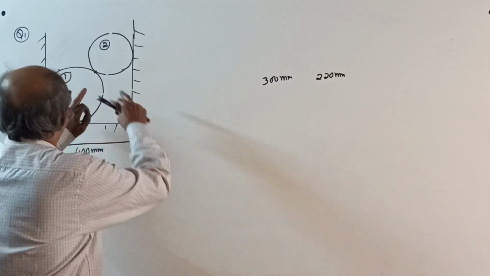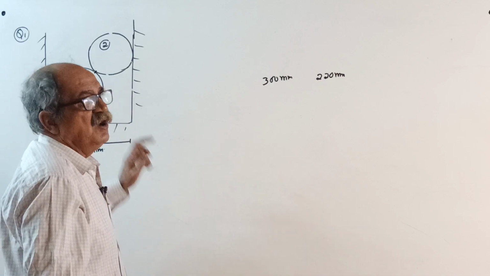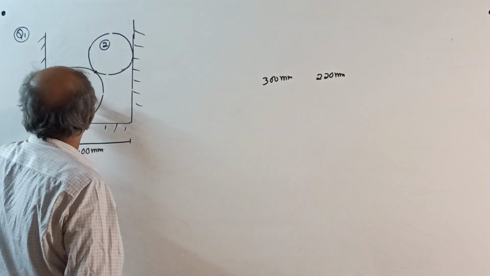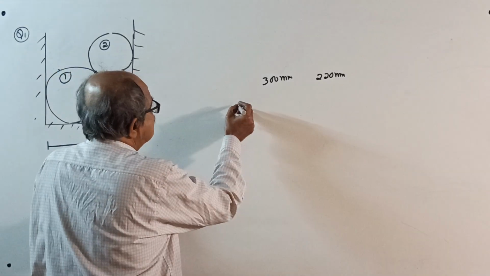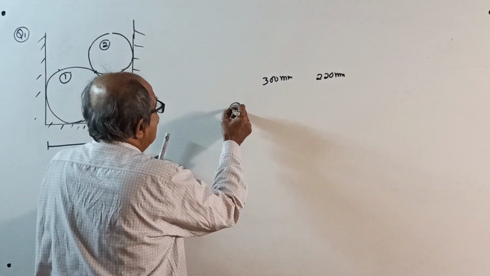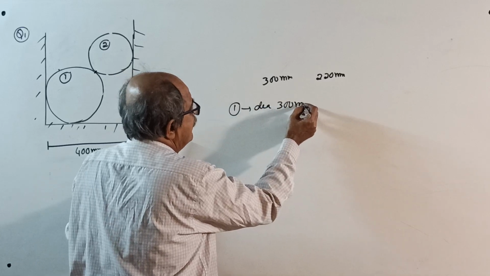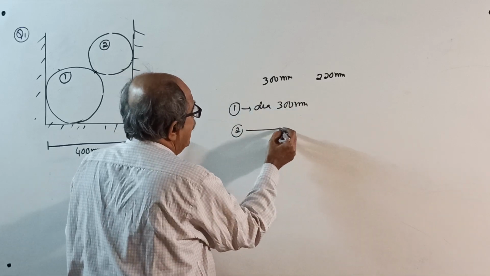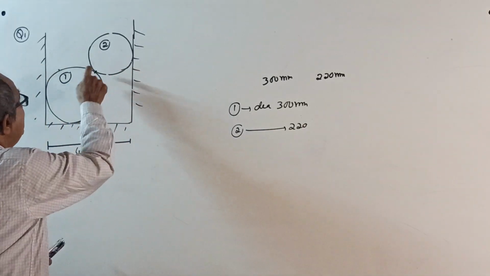Figure shows 2 cylinders where one of the cylinders is placed on the other one. This is cylinder 1, this is cylinder 2. Now, cylinder 1 is of diameter 300 millimeter. Cylinder 2 is of diameter 220 millimeter. See, these two are different diameters.